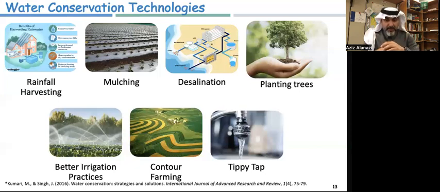Also, the tippy tap for water conservation. The tippy tap is a simple device that can be placed on the water tap and dispenses a limited amount of water, and it facilitates use for hand wash and for wudu.